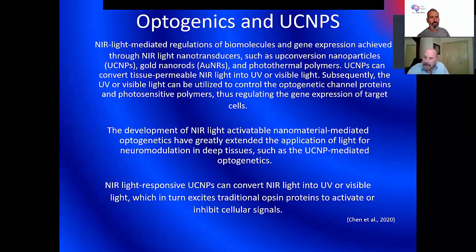There is a field of science called optogenetics, okay? They use what is normally called upconversion nanoparticles. And I think we talked a little bit about this prior to starting our presentation with you.